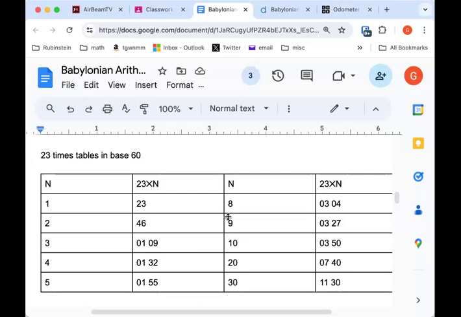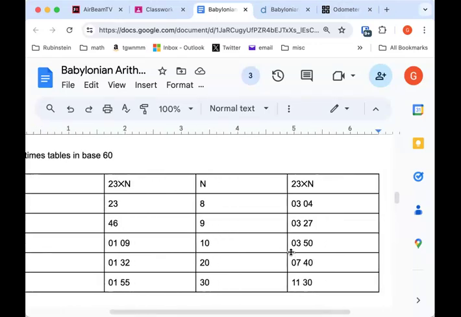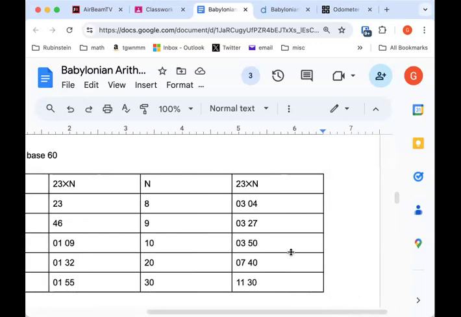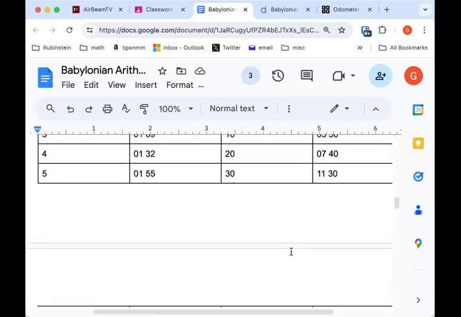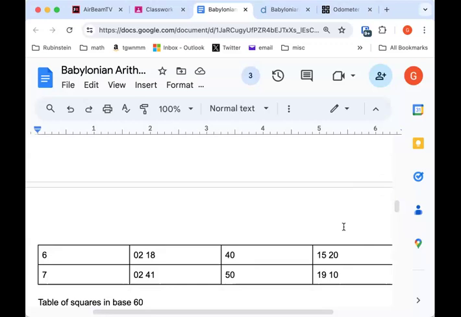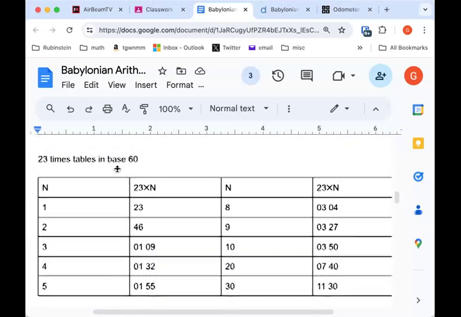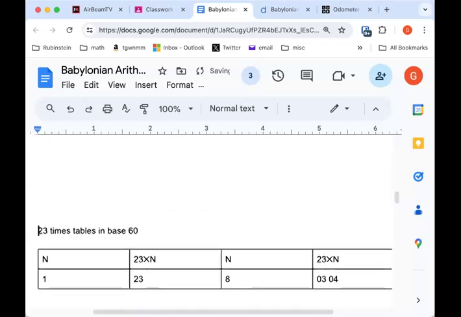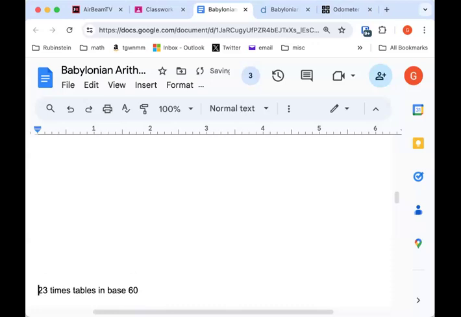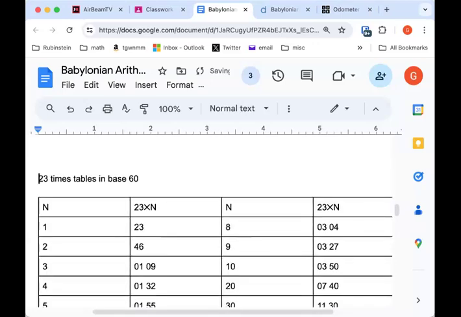And then they skip to 23 times 20, 23 times 30, 23 times 40, 23 times 50. Let me make this so it's all on the same line. There we go.